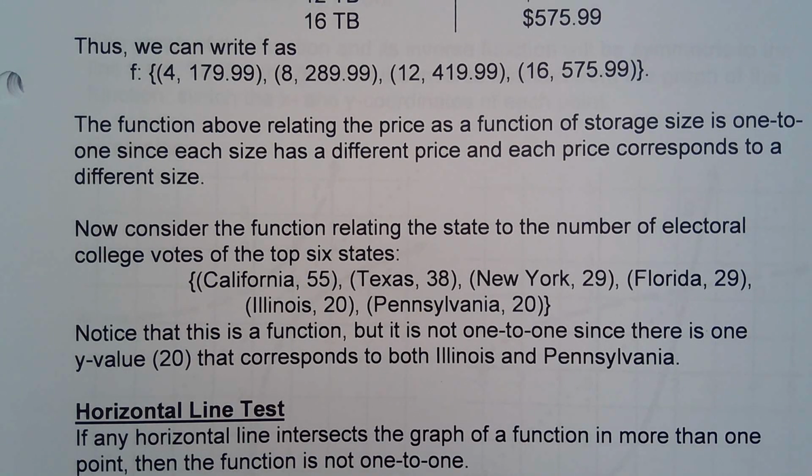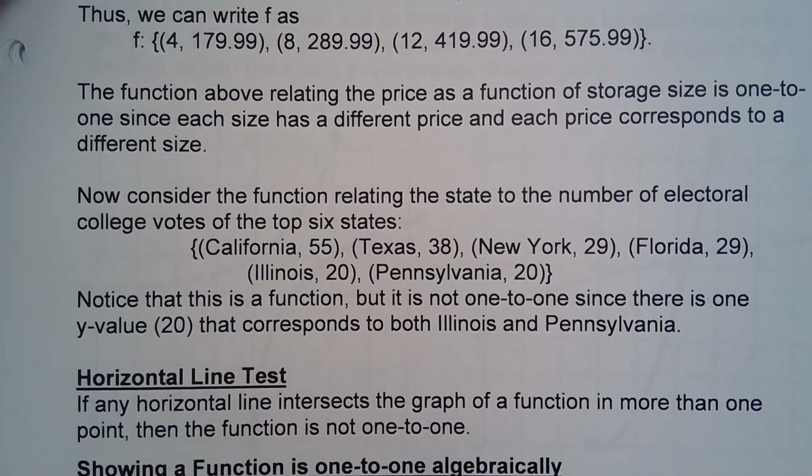There's also a y value of 29 that's coming from 2 different states. So if I told you that this state has 29 electoral college votes, you would not be able to tell me which one it was. It could either be New York or Florida. So it's not one-to-one. I can't determine specifically which state it is.